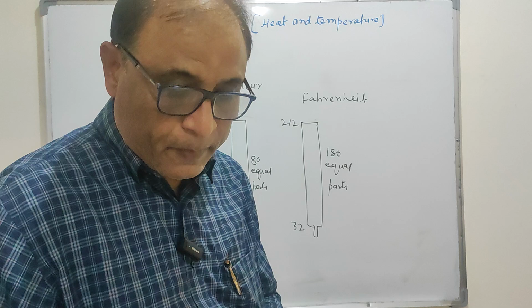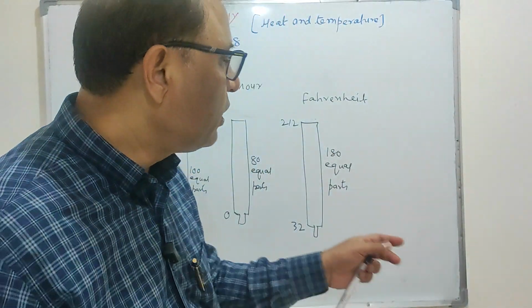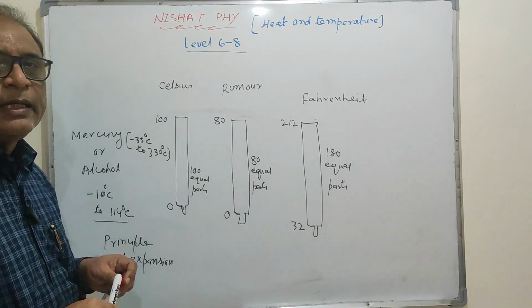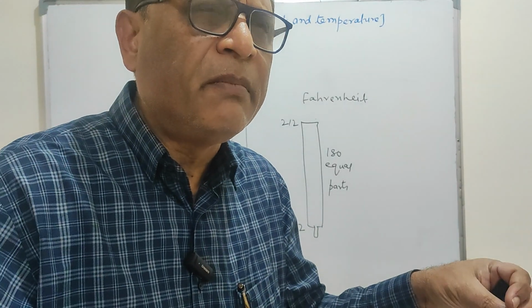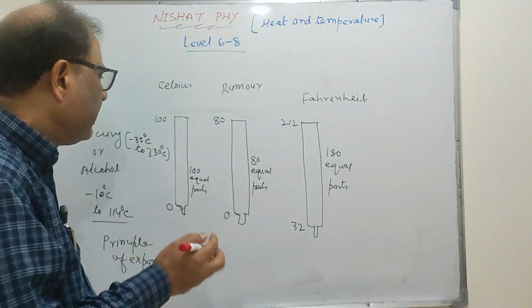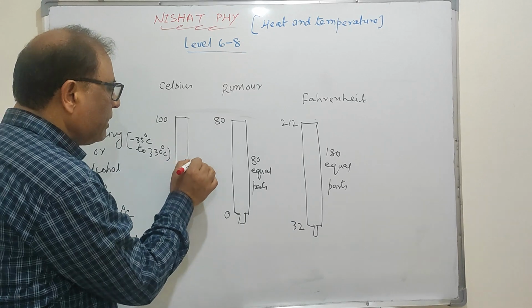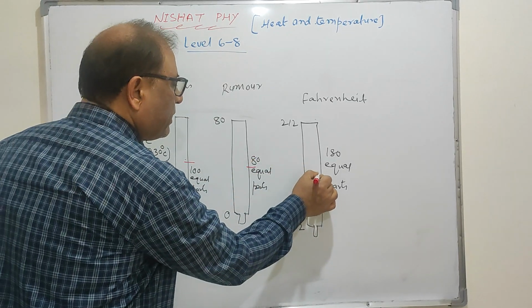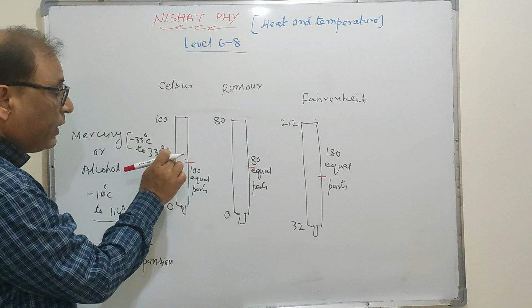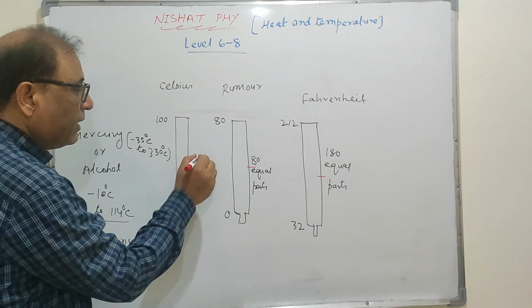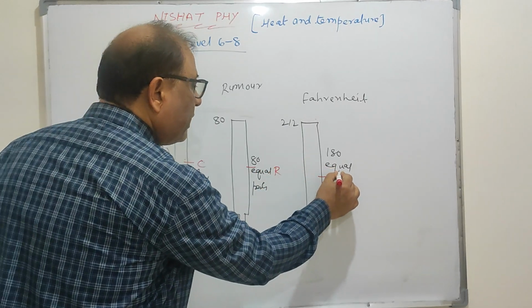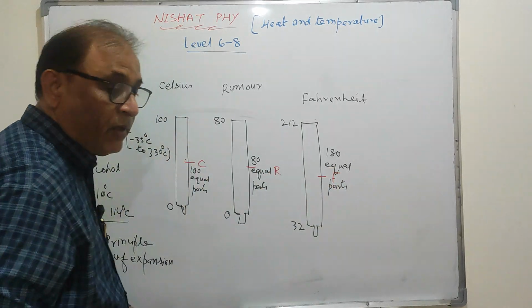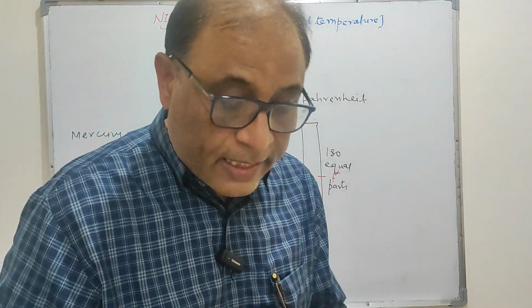Suppose all three thermometers are inserted in any hot bath or at any temperature. Suppose they show marks here, here, here, and here. And suppose this value here is C, this value here is R, and this value here is F. Then how can we make a scale?